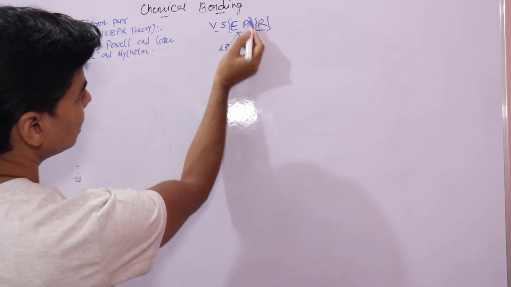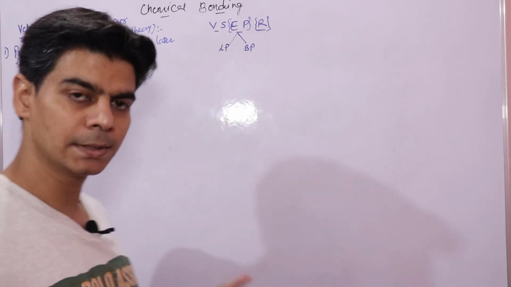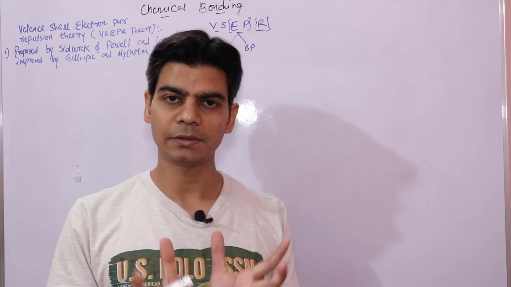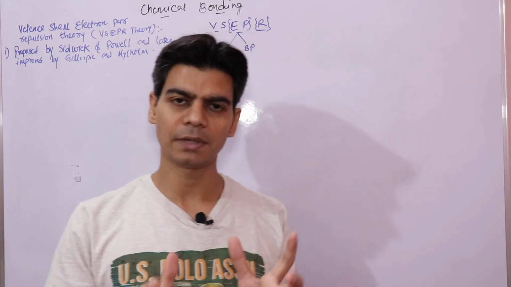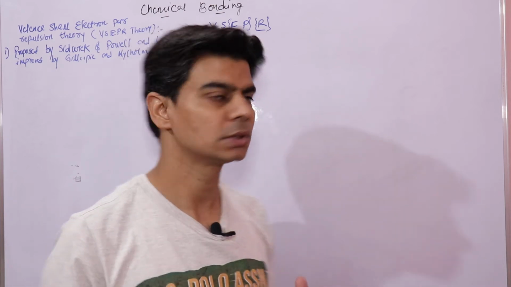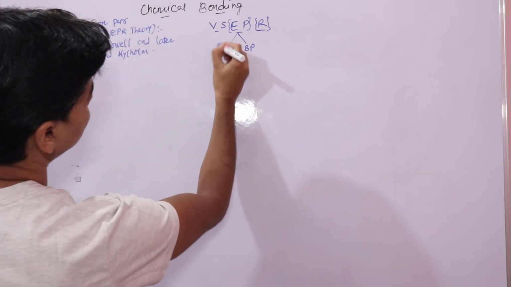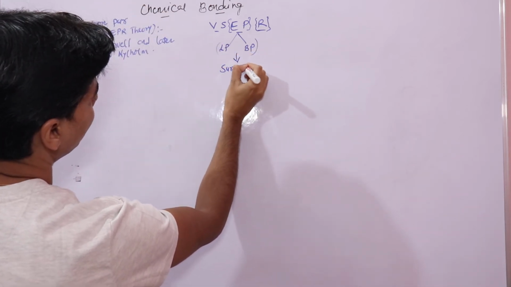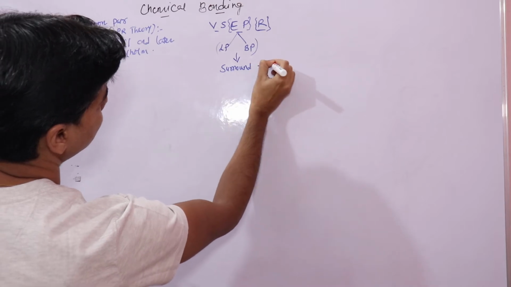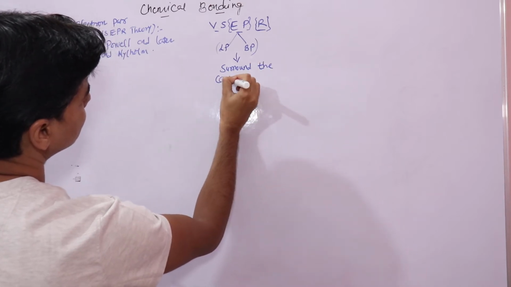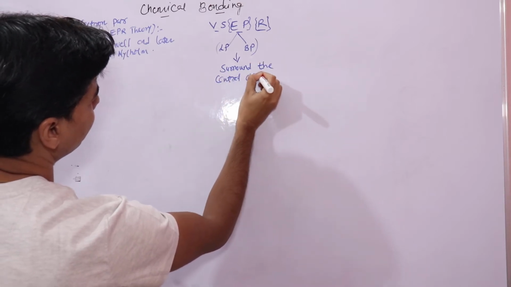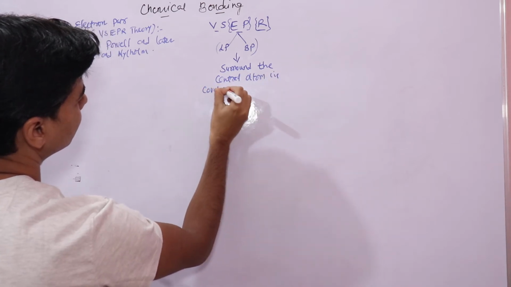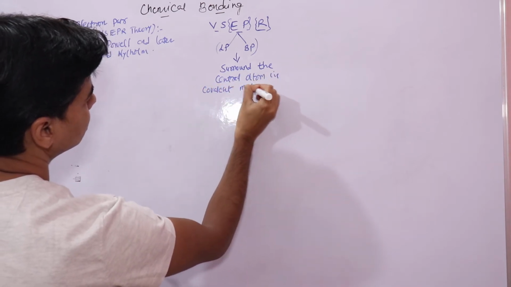These electron pairs surround the central atom in covalent molecules.